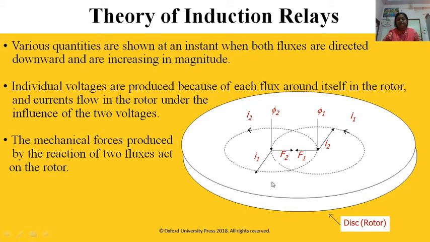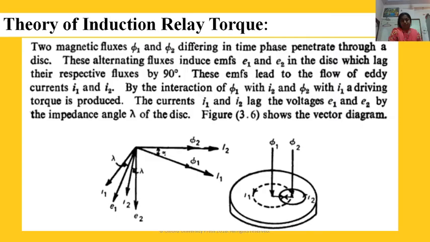So in this relay, interaction of two fluxes with the eddy current in the disk causes the disk or the rotor to rotate. Now look here at the phasor diagram. Current I2 will produce flux phi2.